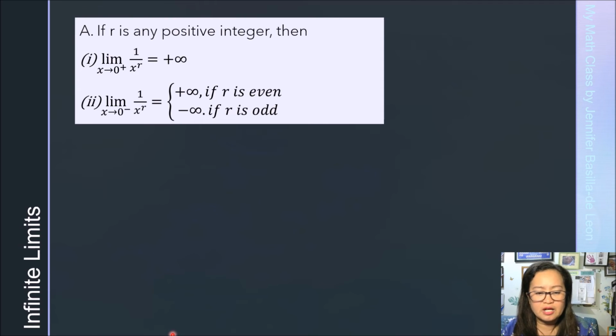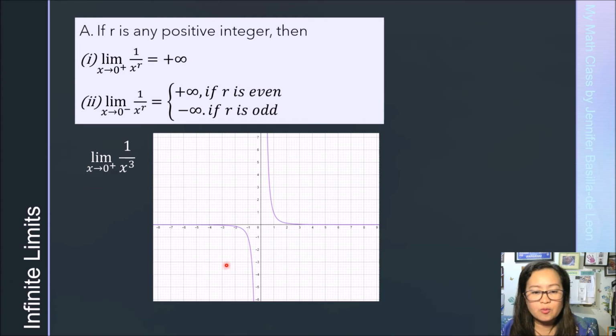Now, let's take a look at the first example. If we have the limit of 1 over x cubed as x approaches 0 from the right, using our graphing application, we can see that as the value of x approaches 0, the value of f of x increases without bound.